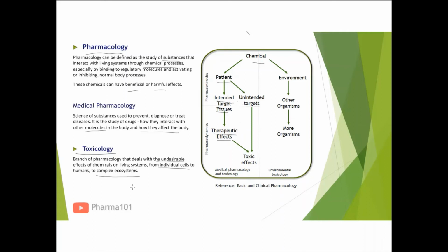But this drug can also go to the unintended targets, and when it goes to these unintended targets, it produces toxic effects in the body. When the chemical interacts with the environment, or in other words, when the chemical comes in contact with the other organism or with the other species, then this study of the effects of chemical is known as environmental toxicology.